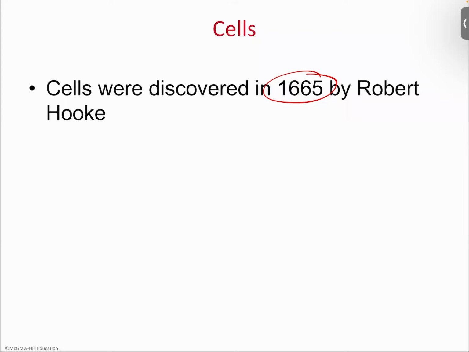It wasn't Robert who invented it, Van Leeuwenhoek invented it. Robert Hooke was the one who kind of started the whole cell biology movement. Oh yeah, I mean, he looked at cells. There's no question about that.